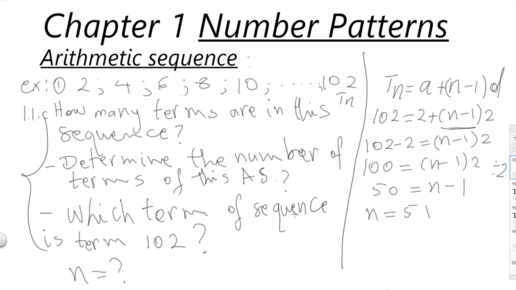Which term of the sequence is the term 102? It is T51. So T51 equal to 102. So in an exam or in a test, one question they can ask you, but they can write it in a different way, or 3 ways, just for you to find the value of n. So try to look at it nicely and then look at some examples. You can also do it.